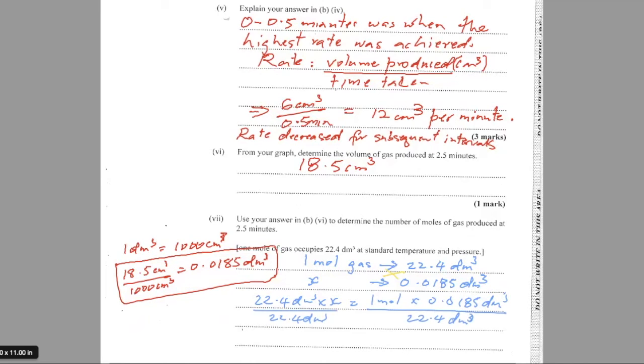All right, let's use red to cancel out. So 22.4 dm³, 22.4 dm³, and whatever we're left with, that will be our answer. So that will be 0.0185 divided by 22.4 dm³. And of course, we would expect to get less than a mole. So our answer here is 0.000826.